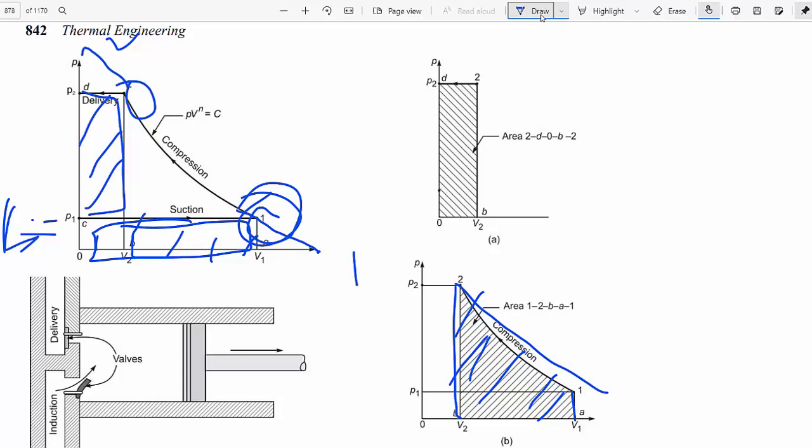Therefore it doesn't start at 0 bar. And similarly, after compression, there is the volume in between the cylinder top head and the piston before it delivers the high pressure air to the tank.